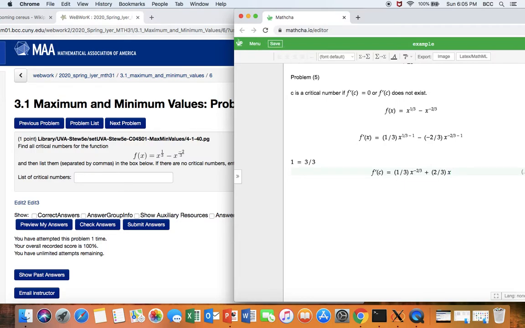So x to the power negative 5/3. All right.